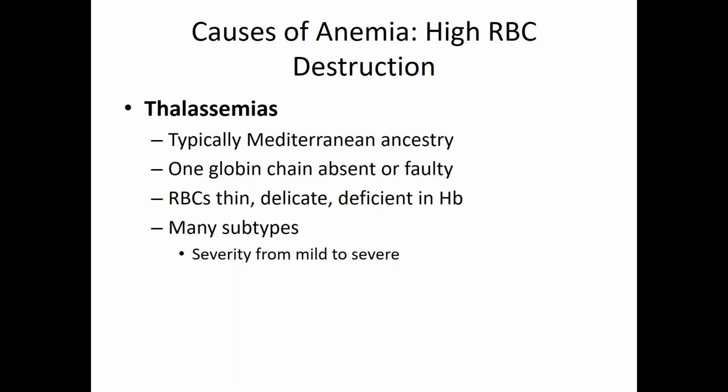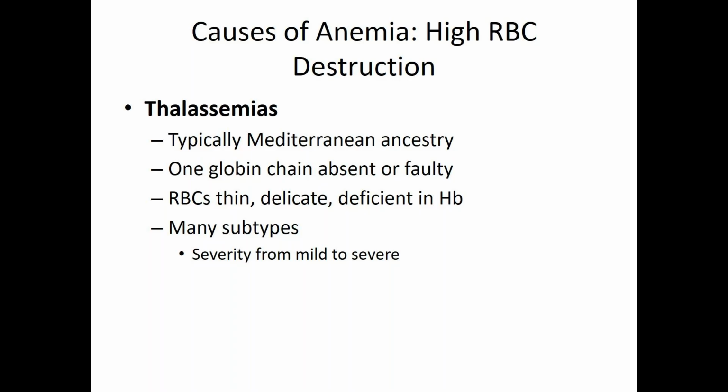As a result, obviously we lack a little bit of oxygen carrying capacity, right? We're down to 75% of our original normal carrying capacity. The red blood cells themselves, again, are fragile as a result of this. And this can be not really noticeable, or it can be really severe. There are people that are thalassemic and generally don't know it.